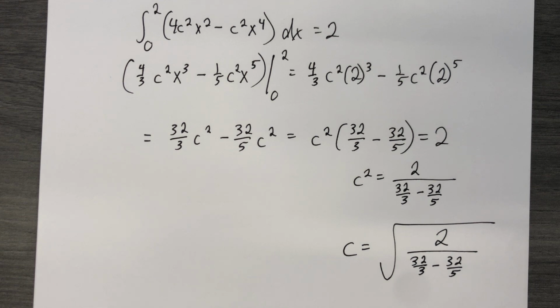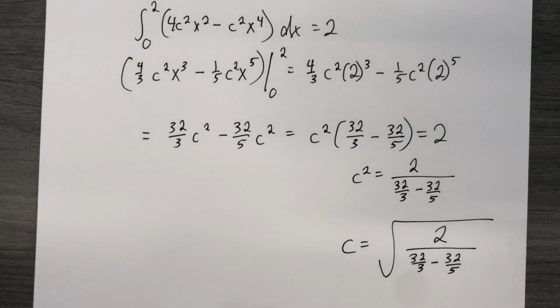The scoring guideline goes a little bit further. They actually simplified this complex fraction, and I'm perfectly fine with it staying right here exactly the way it is. But they have an answer of the square root of 15 over 32, and I do want to show you where that comes from. So I'm actually glancing at mine, making sure I haven't accidentally lied to you somewhere. I think we're good, yeah, we're good.